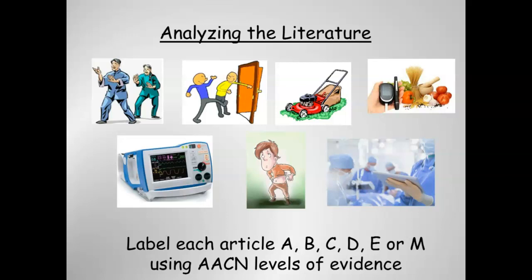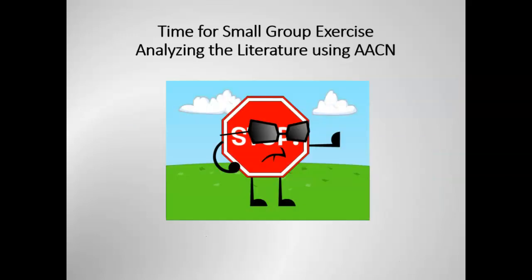So you'll break out again in your small groups to analyze literature using the AACN model. I have provided your CES, your leader, with the answer key. So I'm not going to be going over it when you get back. Hopefully in your small groups, you'll discuss the answers together.